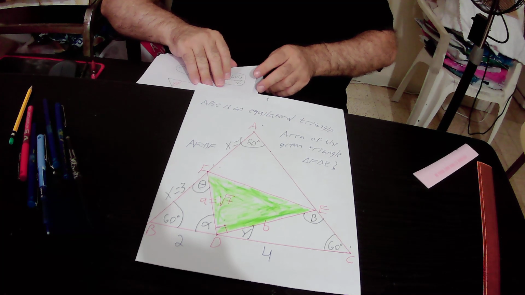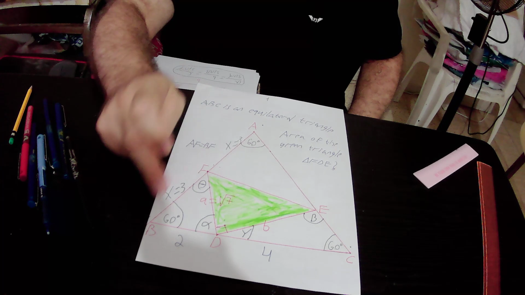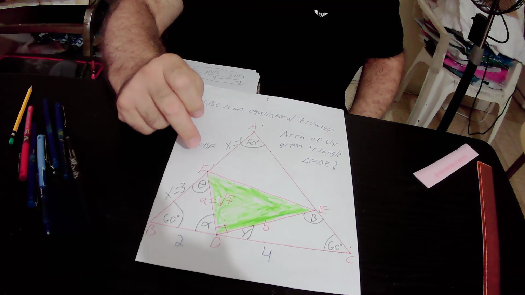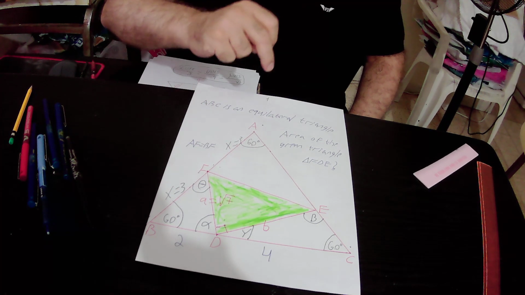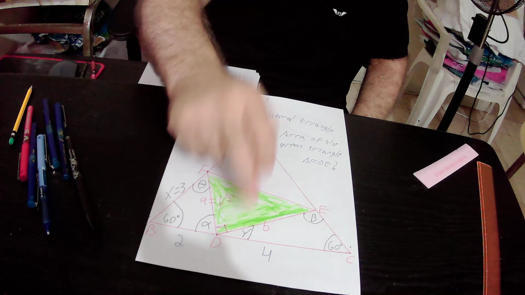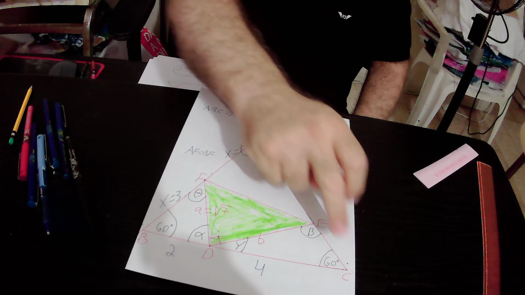Okay, and in the next step we defined angle BFD as theta and angle FDB as alpha, and we also defined angle EDC as gamma, and angle DEC as beta.